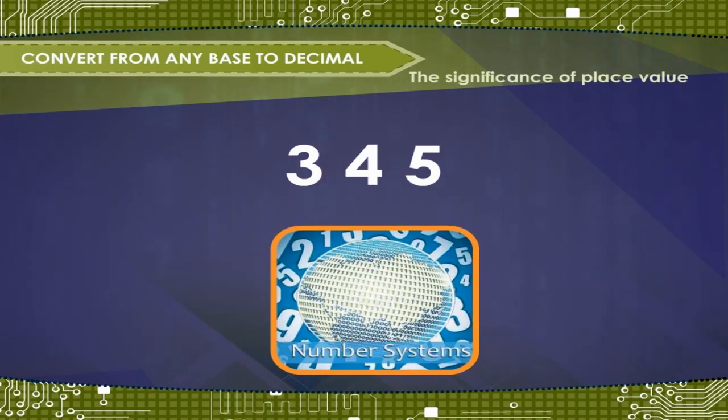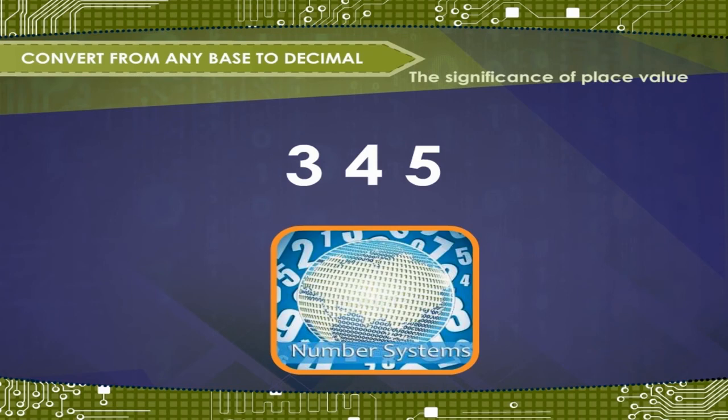Similarly, the 4 in the tens column represents the value 4 times 10 to the power 1, or 40, and 5 is the least significant digit and carries the weight of 10 to the power of 0, which is 1. So, it has the value of 5 times 10 to the power of 0 equal to 5.